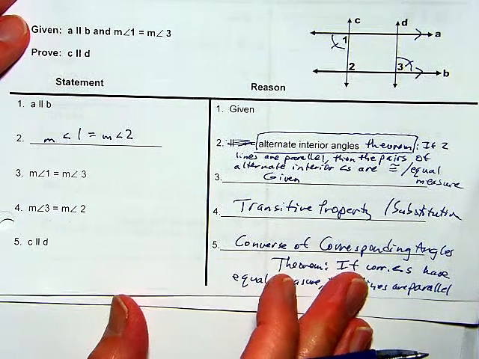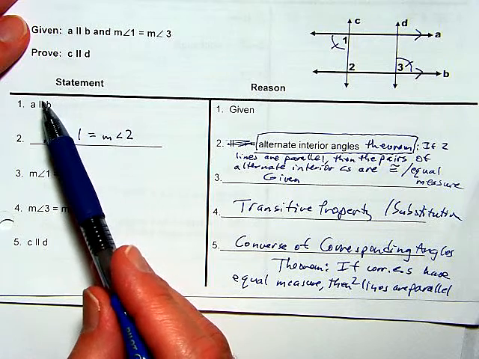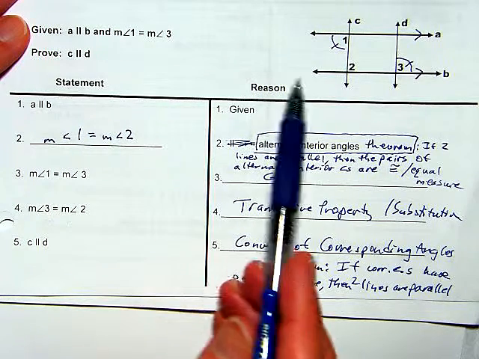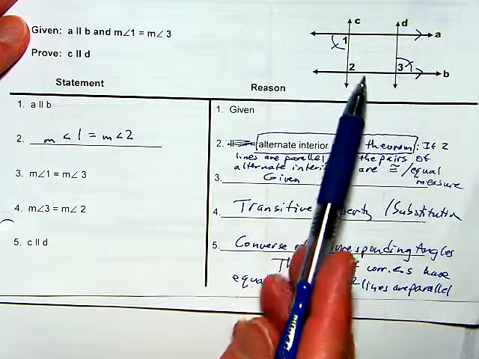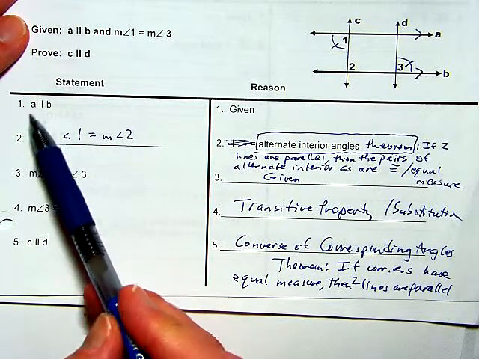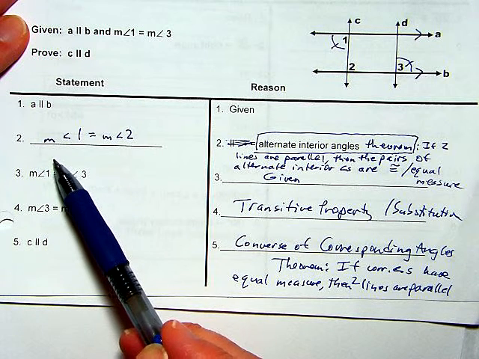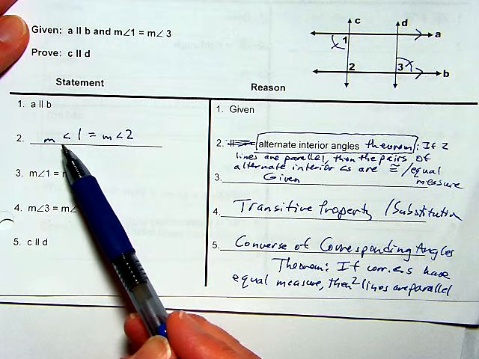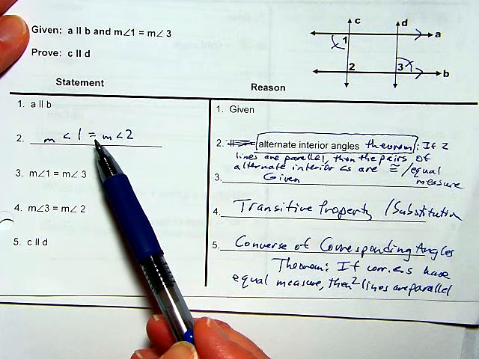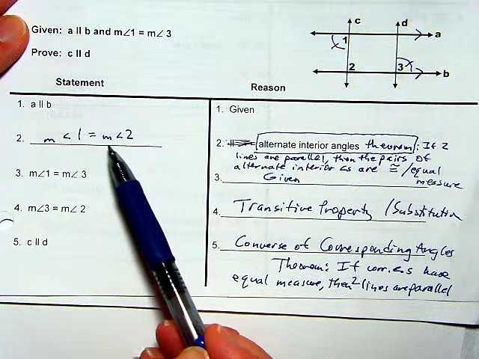Okay, so let's recap this proof again. We were given A is parallel to B, and that the measure of angle 1 equals the measure of angle 3. We brought those two statements in here in numbers 1 and 3. Those were our givens. We concluded, because of the alternate interior angles theorem, that because the two lines A and B were parallel, the measure of angle 1 equaled the measure of angle 2.